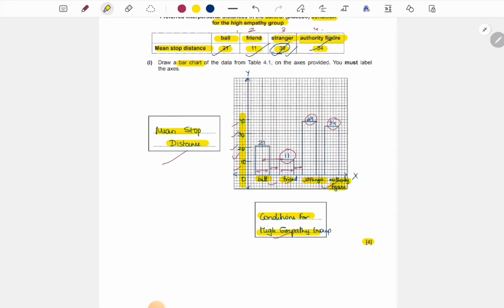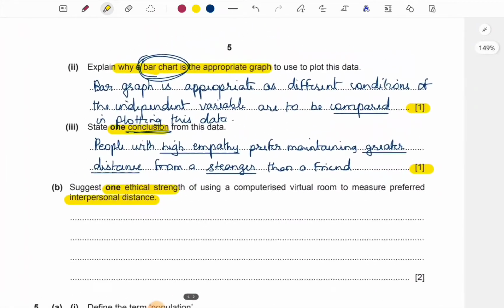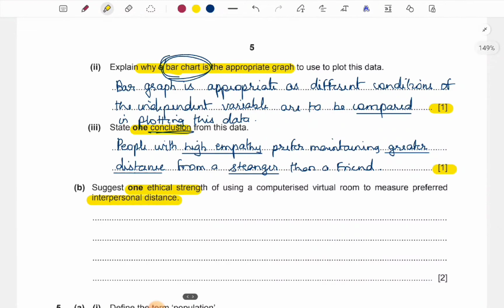One more question, in fact, I had answered before the application crashed, and by the time I realized that, the question is why the bar graph is appropriate graph to plot this data. So you can see the answer is already written. I'll just explain it. Bar graph, when it is appropriate, whenever we are doing any comparison, so it is appropriate for experimental studies in the syllabus.